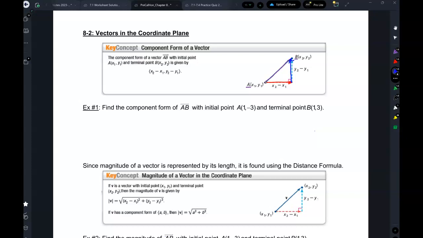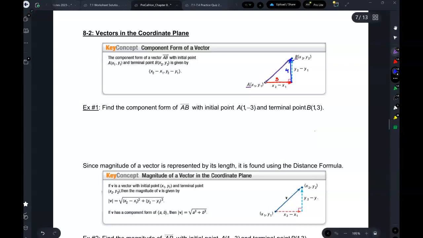So suppose the distance that you go horizontally is, I don't know, 3 units. And suppose the distance that you go vertically is 4 units. Then the horizontal component of this vector is 3 units long, and the vertical component is 4 units long.